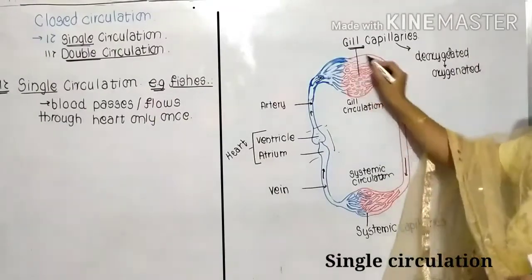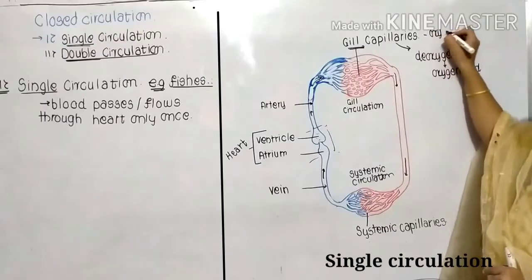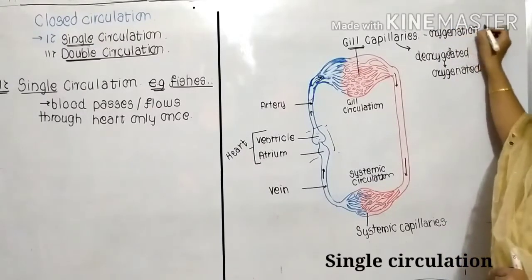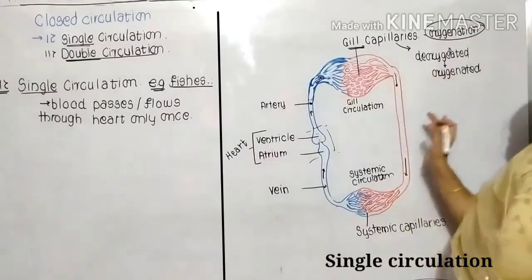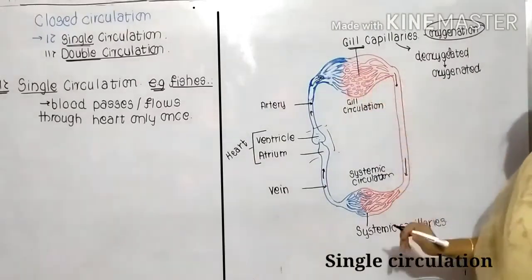These gills are very important for oxygenation. Oxygenation means the gills convert impure blood into pure blood, meaning deoxygenated blood converts into oxygenated blood.